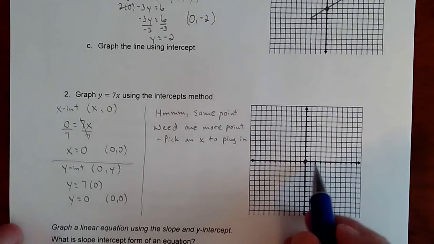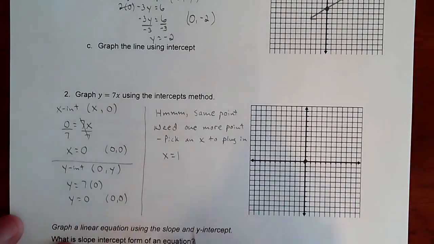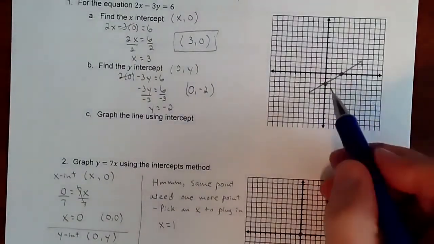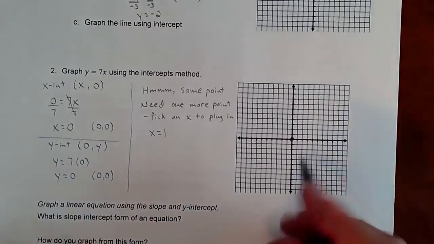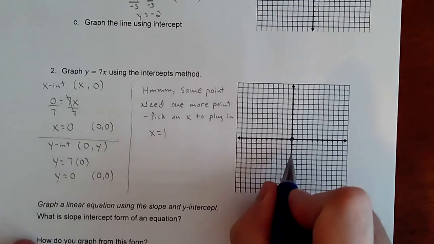So the easiest is, let's just plug in x equals 1. If we plug in 1, we'll find a y value for that. We'll plot that point, and that'll be our second point. Okay, so it's pretty rare that that happens. Most of the time, it kind of looks like something like this or something like this, and you get an x and a y intercept. Sometimes you don't. You only get a point. And so then you just have to kind of go the extra step to figure out one more point.